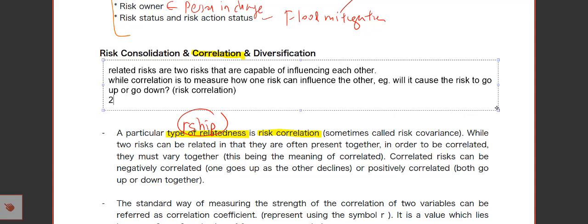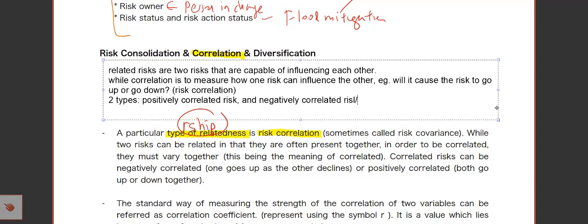Okay, now we know that there are two types. Actually we said this before. A positively correlated risk and negatively correlated risk. What's the difference?